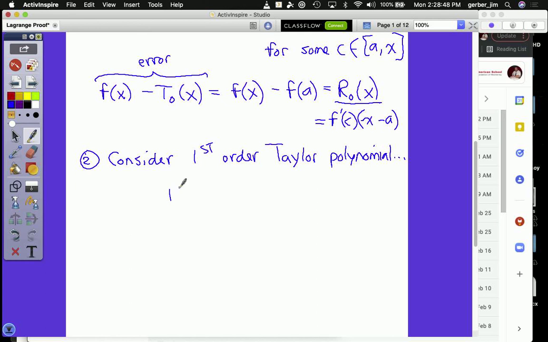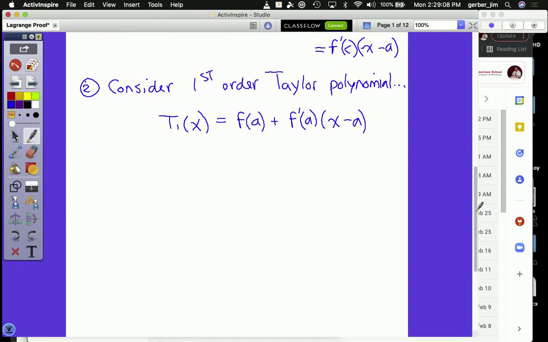And the first order Taylor polynomial, we'll call it t sub 1 of x, would be, of course, f at a plus f prime at a, technically over 1 factorial, which is just 1, times x minus a. That's my first order Taylor polynomial.